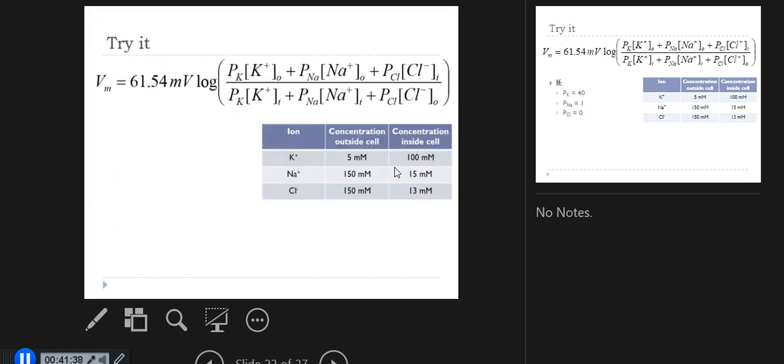Okay, so let's try it. Think of it as fun. So what I'd like you to do is, here are ion concentrations. These are the same concentrations from the prior calculations we were doing. And then here are some relative permeabilities. I'm saying that the permeability of potassium is 40 times that of sodium. So I've got a 40 for potassium and just a 1 for sodium. And initially, let's just say that the chloride permeability is 0.